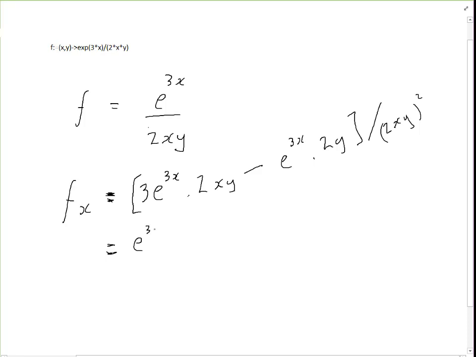So e to the 3x is a common factor, and then inside the brackets we'd have 3. Oh, that's not big, is it? 6xy minus 2y, all divided by, this is 4x squared y squared.